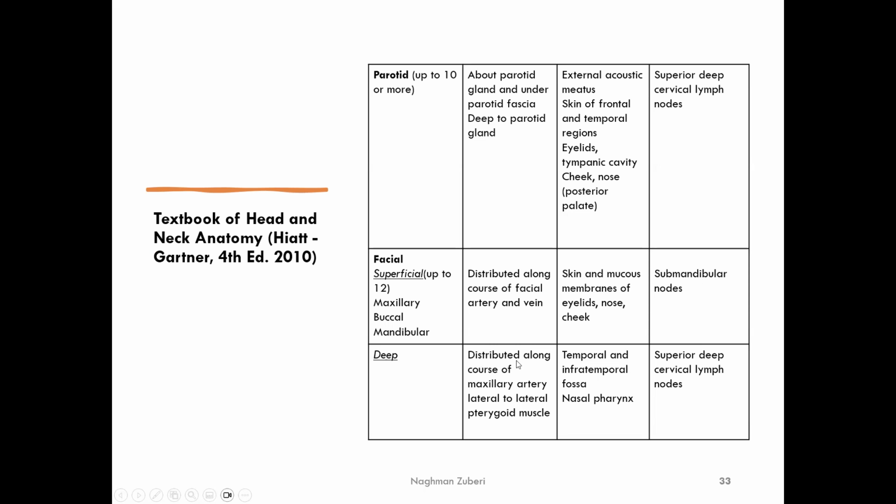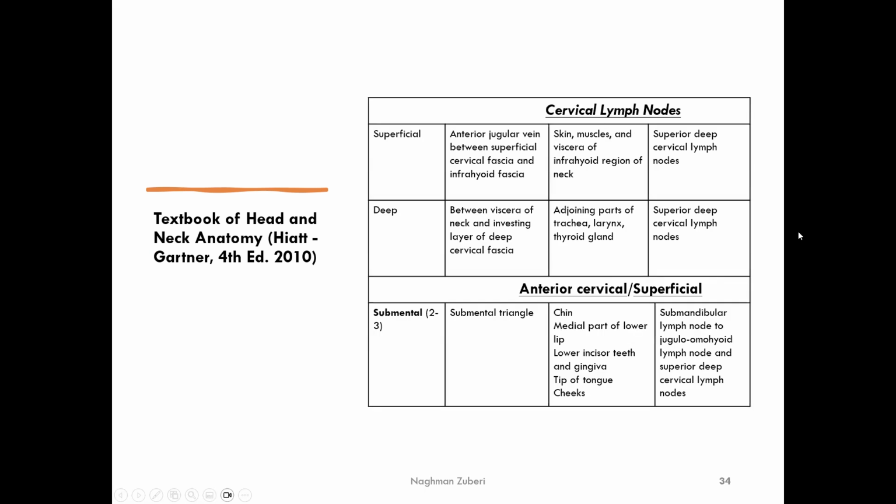The deep ones, they are distributed along the course of the maxillary artery, lateral to the lateral pterygoid muscle, and they are draining temporal and infratemporal fossa, nasopharynx, and they are being drained into the superior deep cervical lymph nodes.